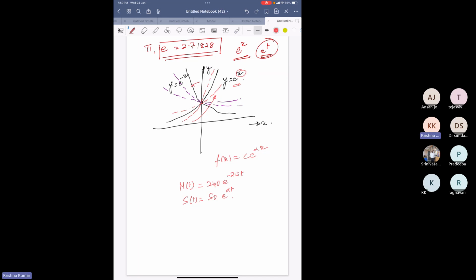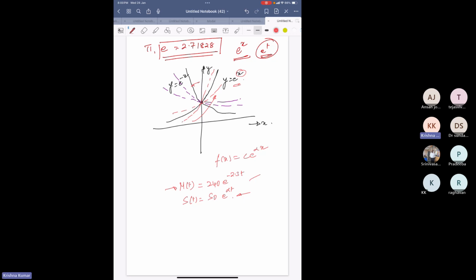This equation can be for a drug, or this equation can be for some virus growing with time, and so on. So there are a number of examples which can be given here. Let us take this example. T is measured in seconds.